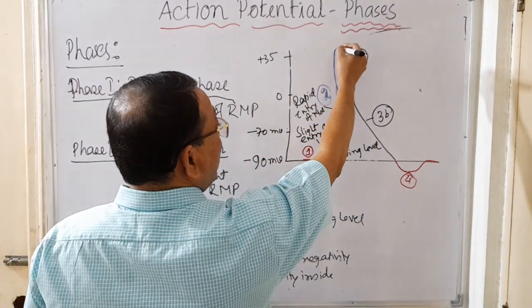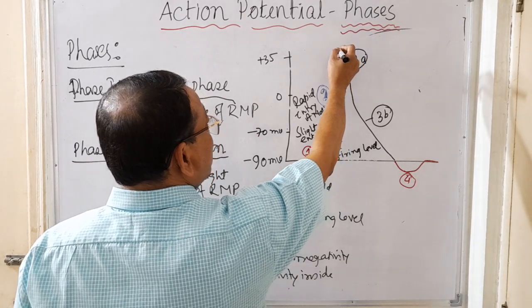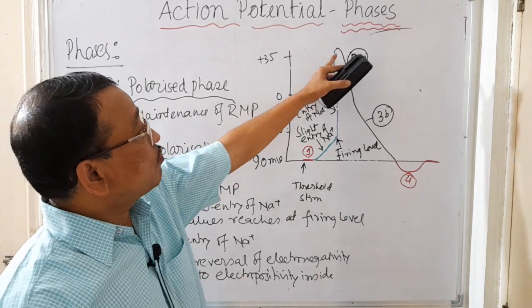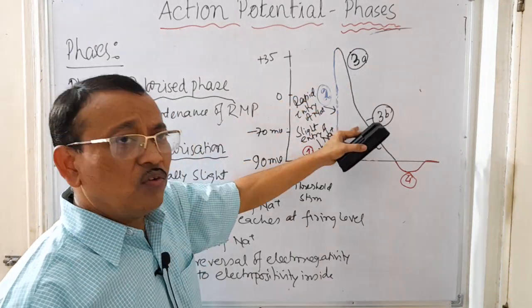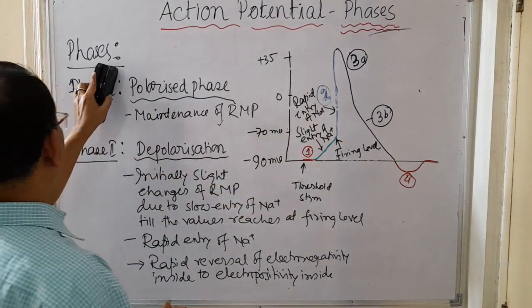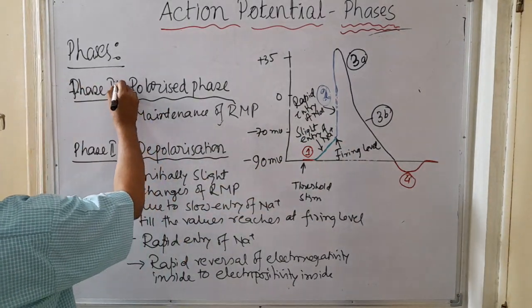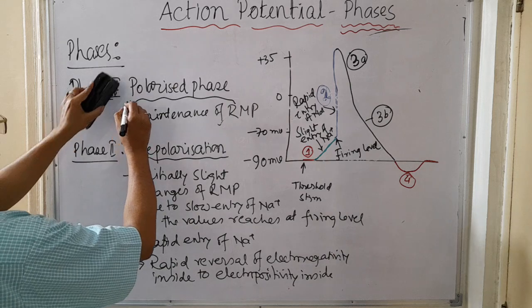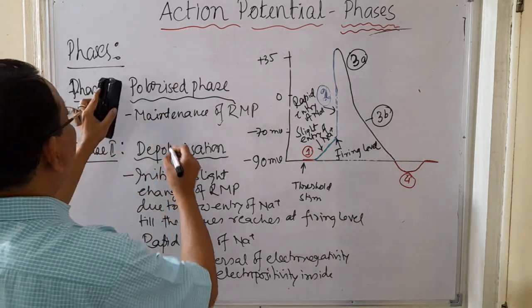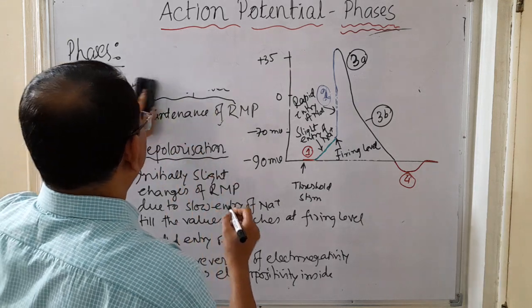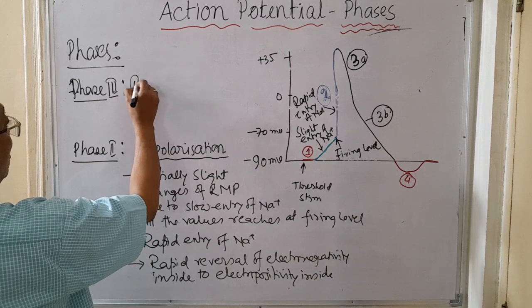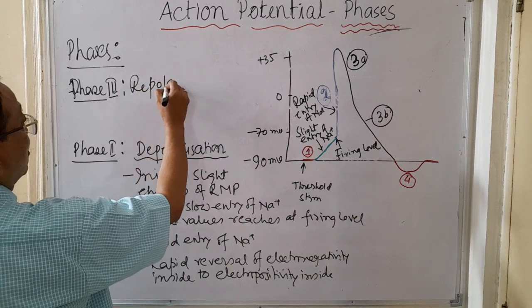Once it reaches plus 35 millivolt, the curve starts going down, and this phase is known as phase 3, the repolarization phase.